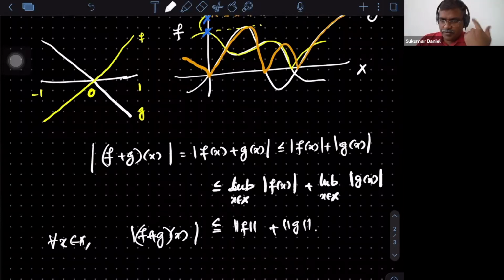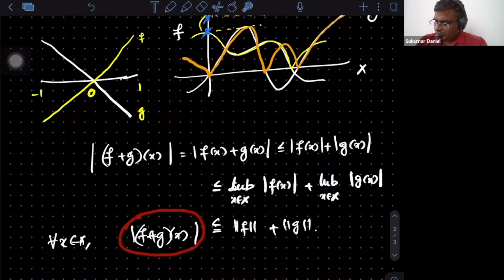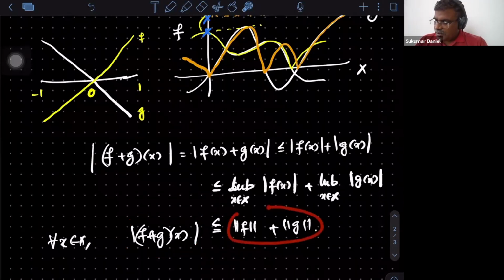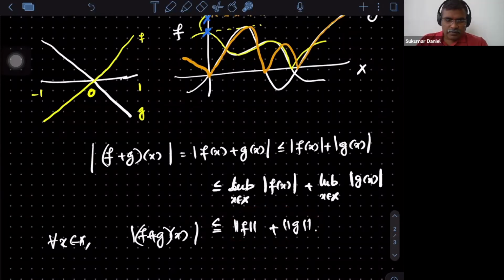So now again use the fact. For all x in X, for each element in that set, this number is a fixed number, that's an upper bound. But if I take the supremum, by definition it is the least upper bound. So among the upper bounds, it is least.